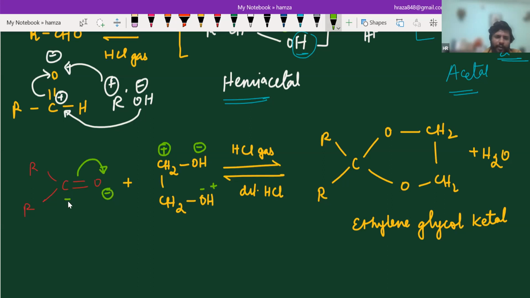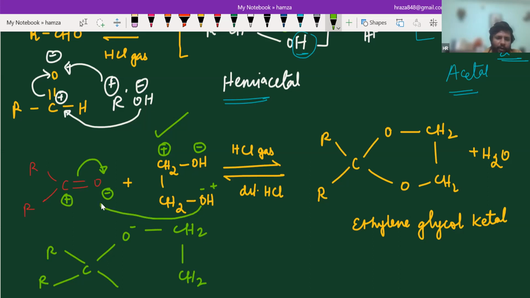So RCR will be like this, and O negative will combine with this CH2, and CH2 was there. This negative will be attacking on carbon, so it will form a bond like this, and this H plus and this OH minus will combine to form the byproduct H2O. So in this way, ethylene glycol ketal is formed.